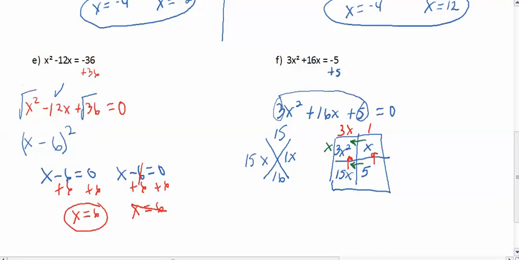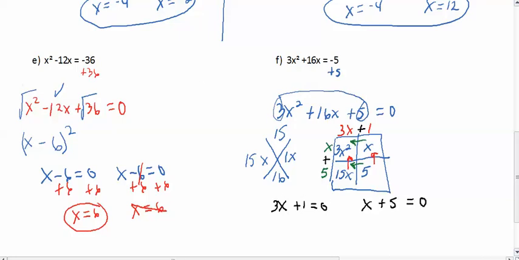And then what do these have in common? A 5. Okay, and our sign comes from each of these boxes. They're both positive. That's a positive and that's a positive. So now we have 3x plus 1, and we're going to set that to 0. And x plus 5, and we're going to set that to 0.